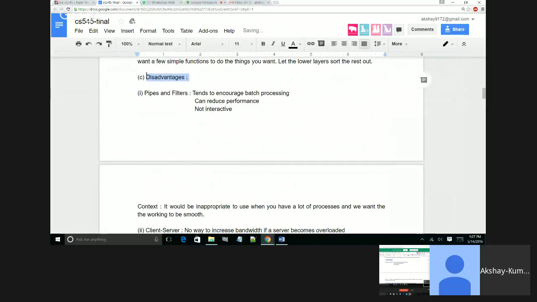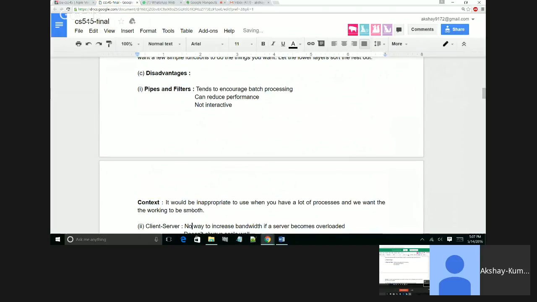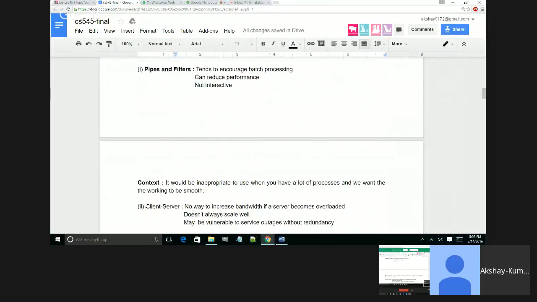These are the disadvantages, and this is the context where it will be inappropriate. Can you look at the answer you wrote for disadvantages: pipes and filter tends to encourage batch processing. How is that a disadvantage in terms of batch processing?